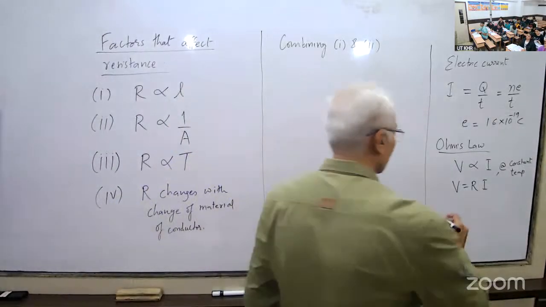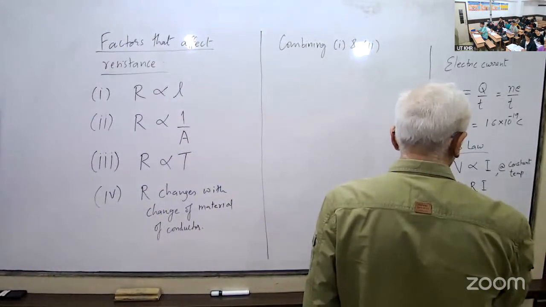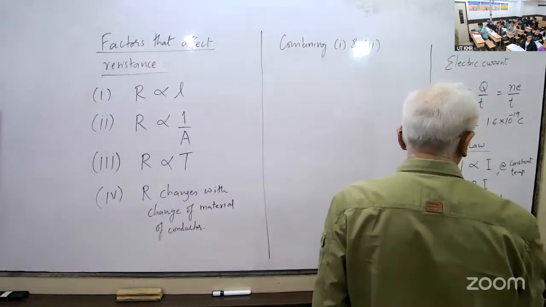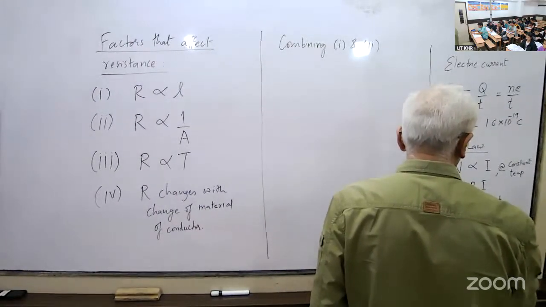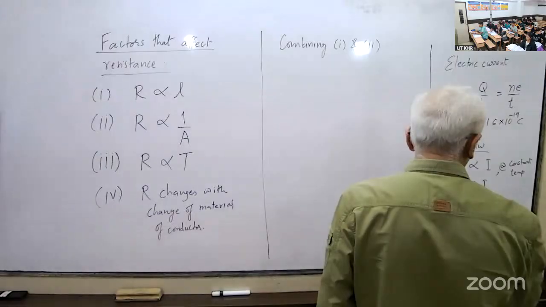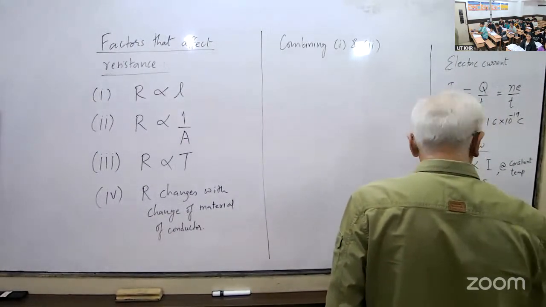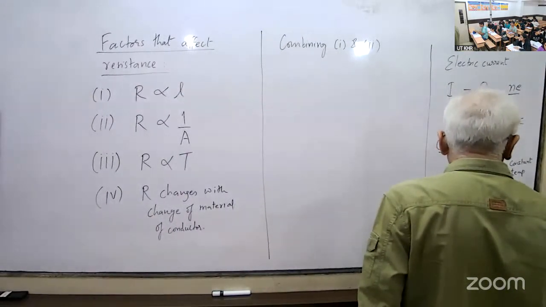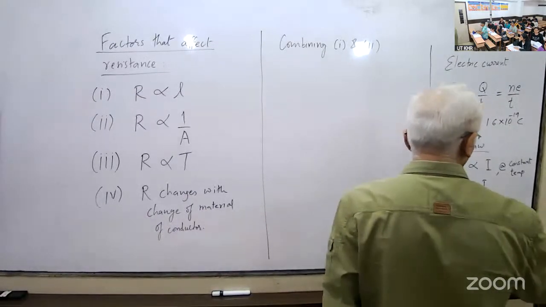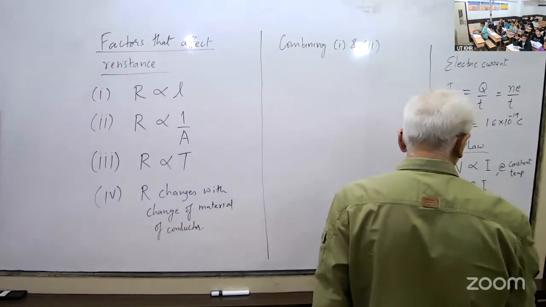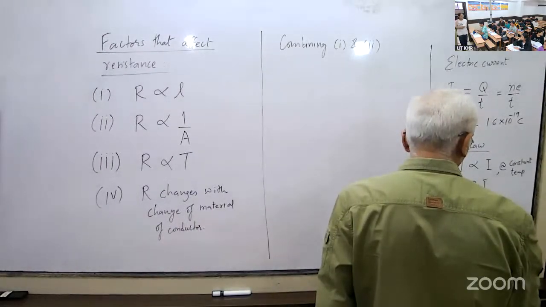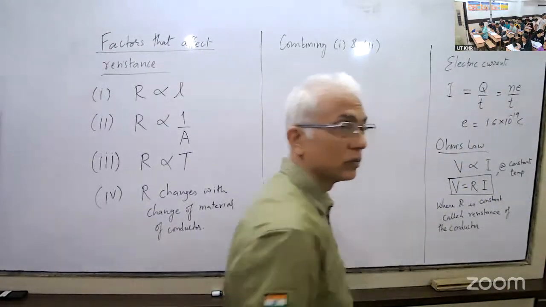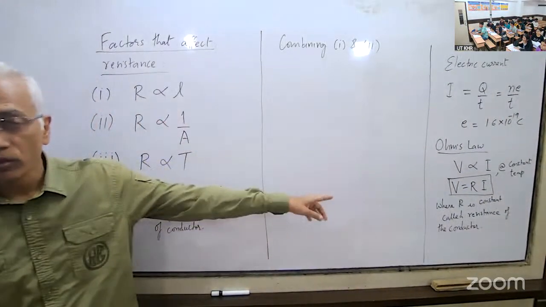So R is a constant, called resistance. So whose resistance? Resistance of the conductor. Okay, so this is your Ohm's law.